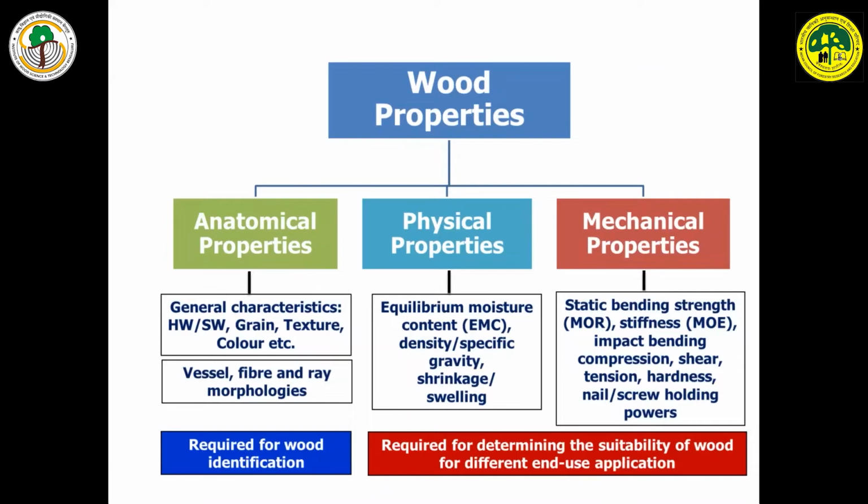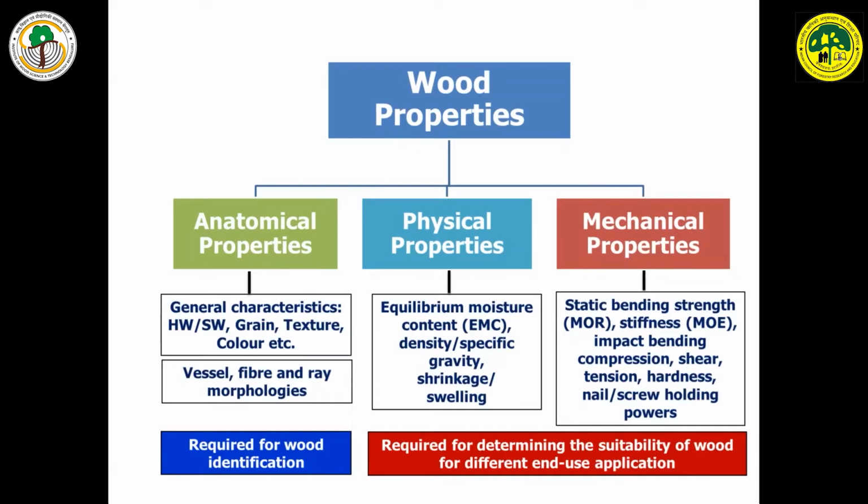Similarly, density or specific gravity, how much mass it carries per unit volume, is the density of the wood. And then shrinkage and swelling, because wood is a hygroscopic material. It contains cellulose, hemicellulose, and lignin as chemical constituents. So whenever wood is put in water or in a high humidity environment, it absorbs moisture and starts swelling.